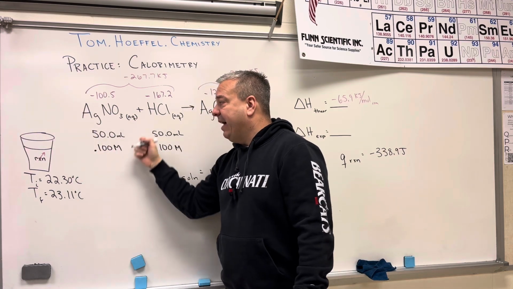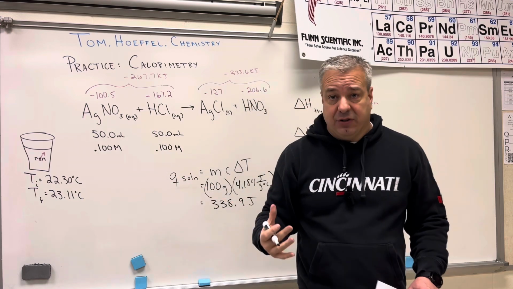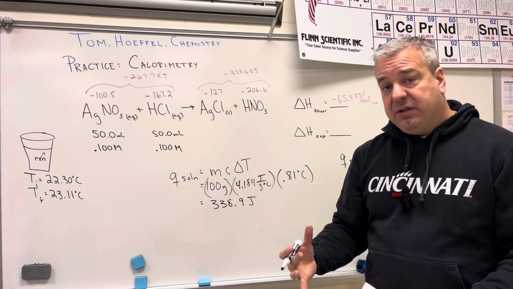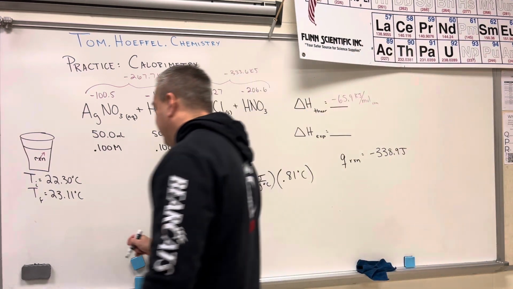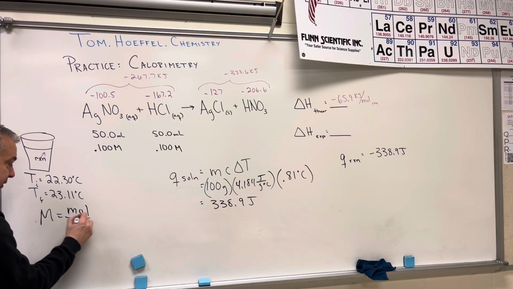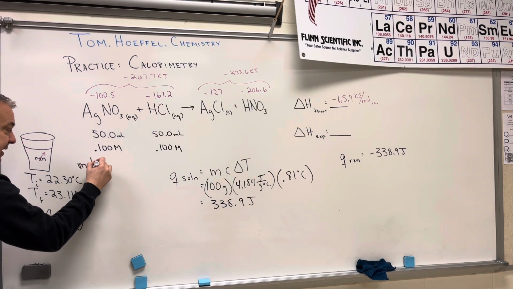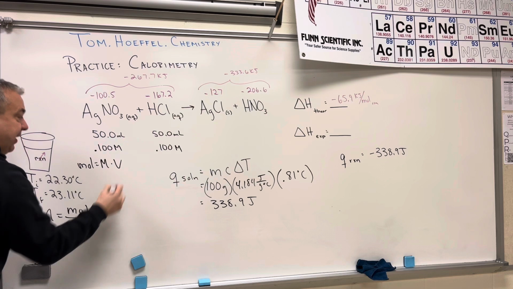Now I want the enthalpy change, and this enthalpy change is on a per mole basis. Well, I don't have a full mole of silver nitrate or a full mole of hydrochloric acid. So I'm going to have to use the molarity equation: molarity is equal to moles over volume. With some cross multiplication, moles is equal to molarity times volume.